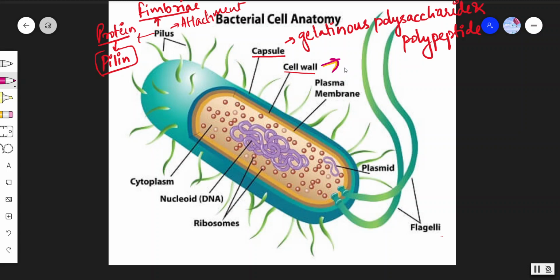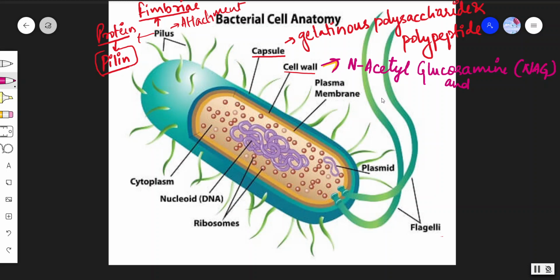Okay, and it is made up of N-acetyl glucosamine, that is also known as NAG. Okay, and formed of two complexes.